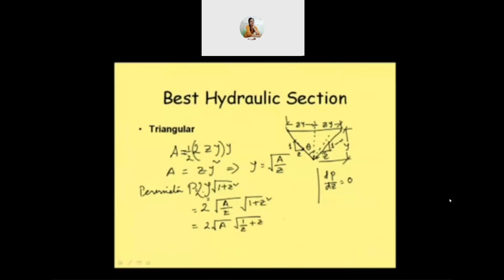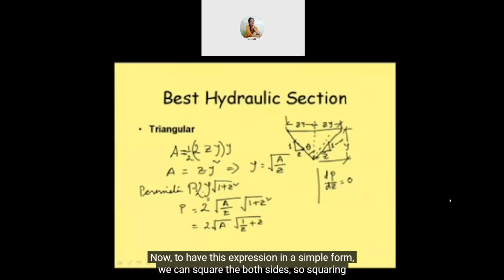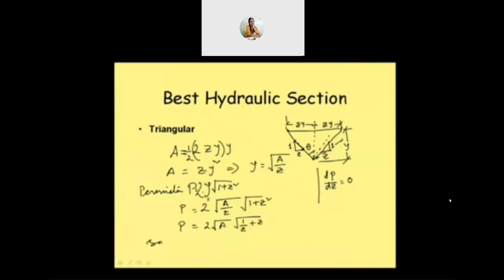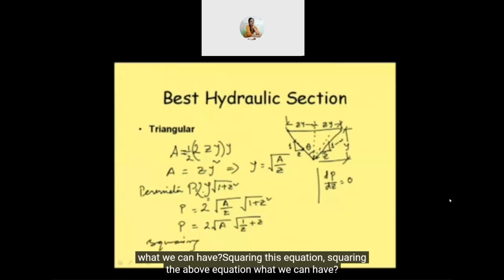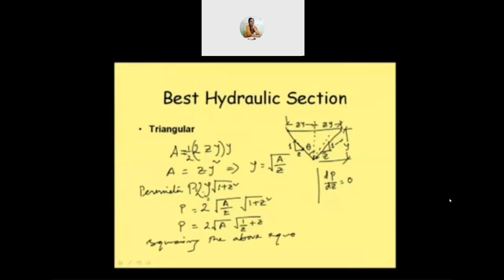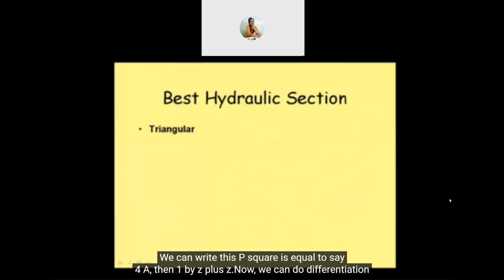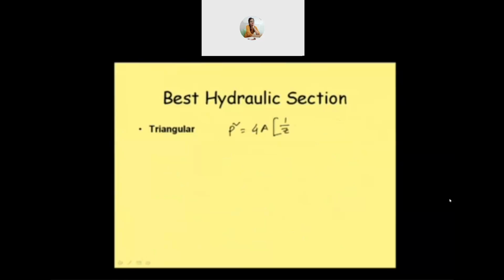Now to have this expression in a simple form, we can square both sides. Squaring the above equation, we can write P square is equal to 4A times 1 by z plus z.